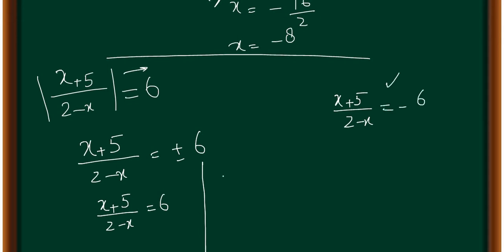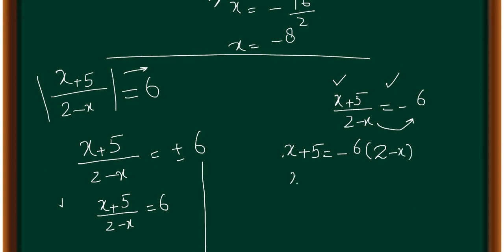First of all I solve this side, and then I solve the other side. Okay, now here x plus 5 is equal to minus 6 times 2 minus x. Here 2 minus x is dividing, so it will be multiplied on the right side of equal, so I write here 2 minus x.